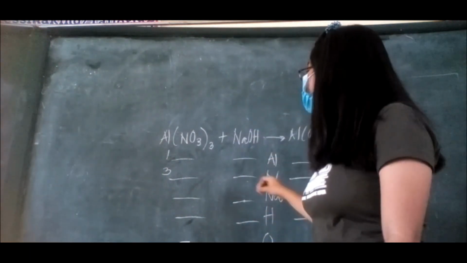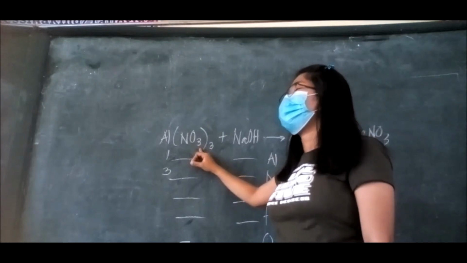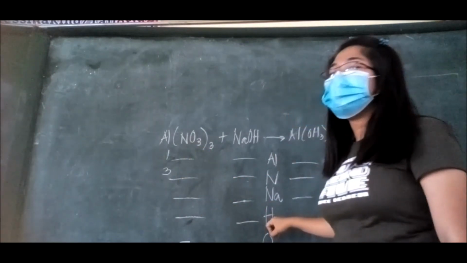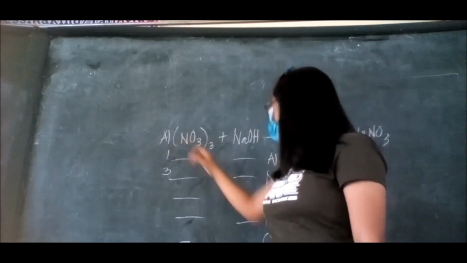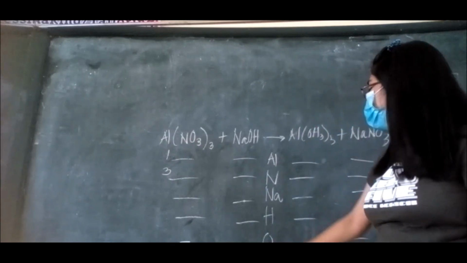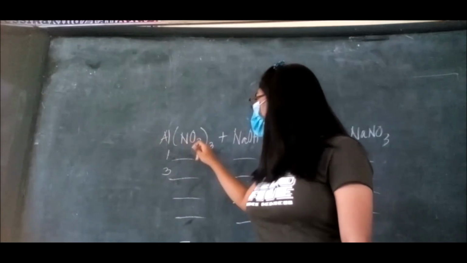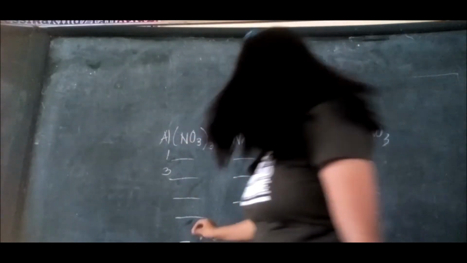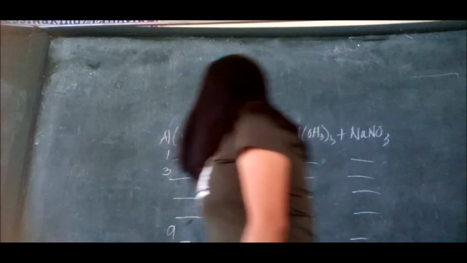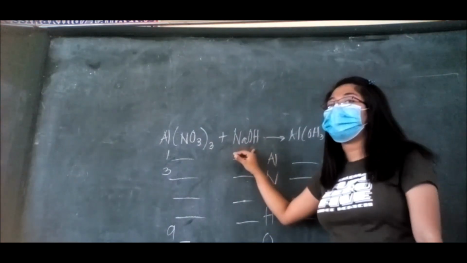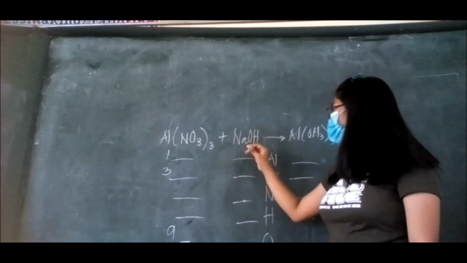Now, sodium. Do we have sodium here? No, we don't. Hydrogen, we also don't have. Then oxygen. We have 3 times 3, that's 9. Okay, now let's move on to this compound, sodium hydroxide.